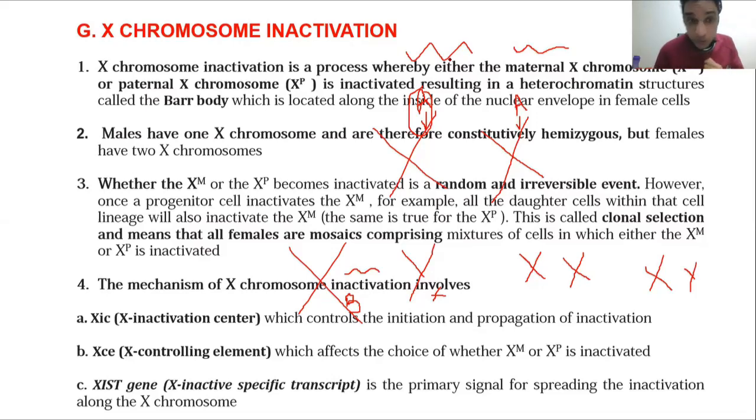You can ask me the question: does this type of dosage not exist on the other chromosomes, the autosomes? You can ask me, sir, if there is another chromosome, autosome pair number 1, this is in the males, and this is the autosome pair number 1 in the female.